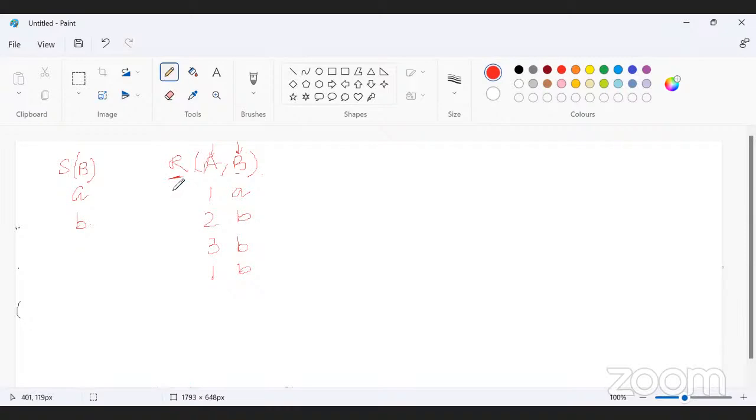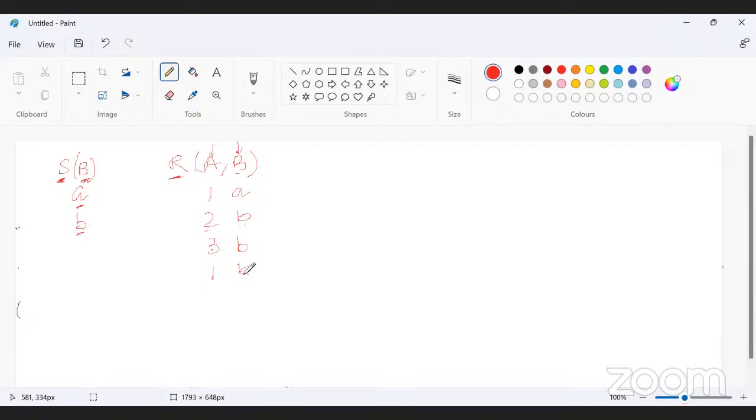Assume these things so you can relate them. And S is the course table, with B as the course ID, and there are 2 courses available, A and B. Student ID 1 takes course A, student 2 takes course B, student 3 takes course B, and student 1 takes course B, right? Okay. Yes, sir. Fine.